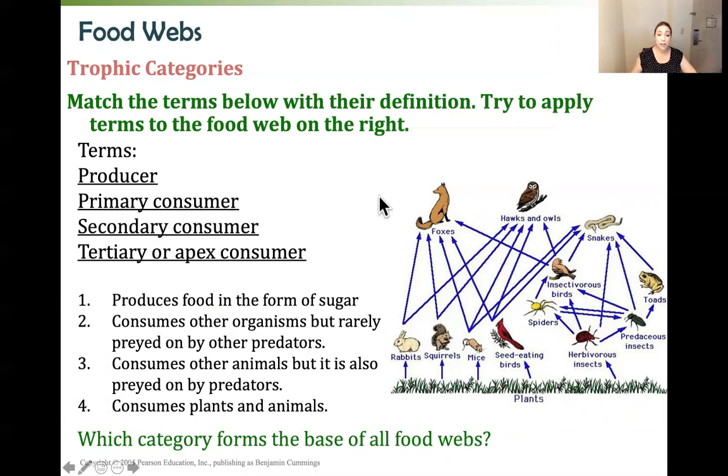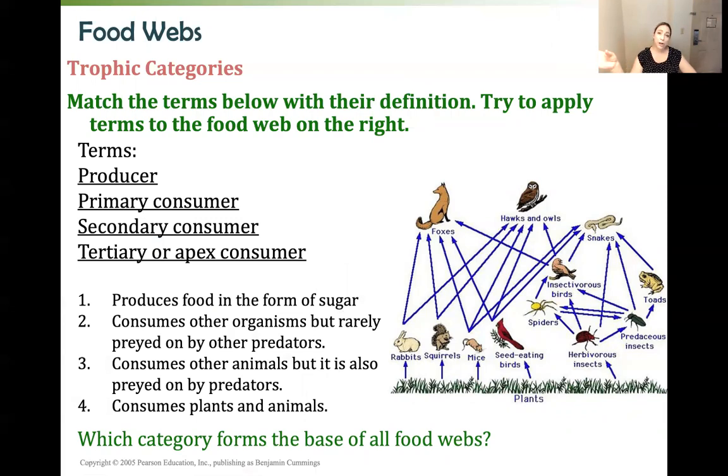Okay, my second definition is consumes other organisms, but is rarely preyed on by other predators. So let me tell you what I mean by that. If you look up at the top here, hawks and owls, snakes, foxes, they're all at the top, right?